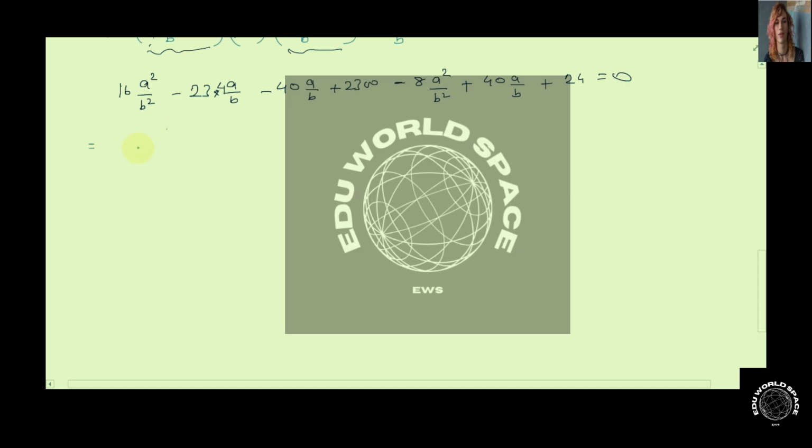So by collecting the coefficient of a square upon b square, this comes out to be minus 8 a square upon b square plus 92 a upon b minus 254, and that is equal to 0.